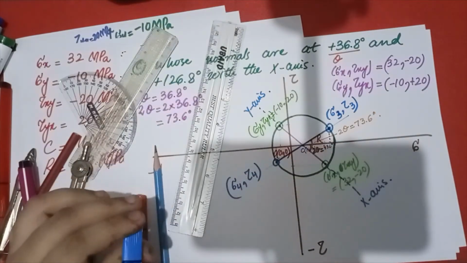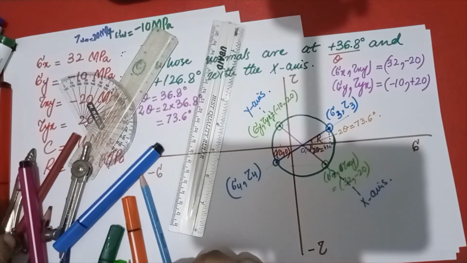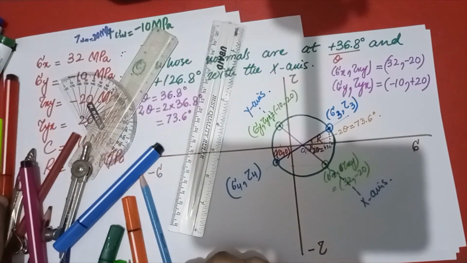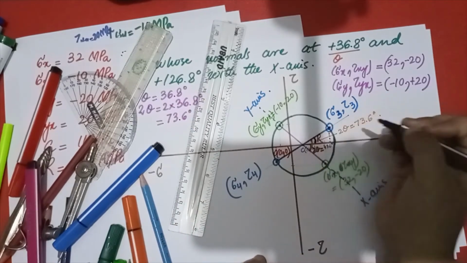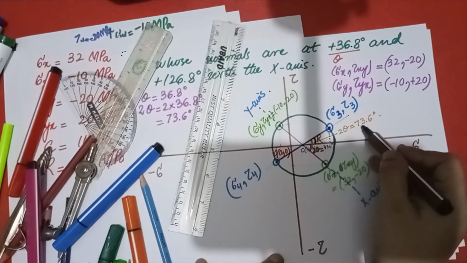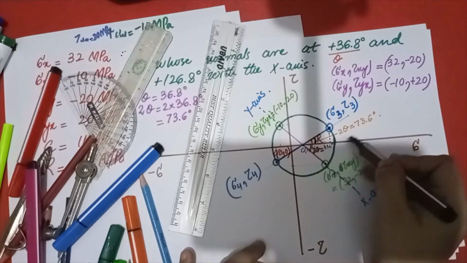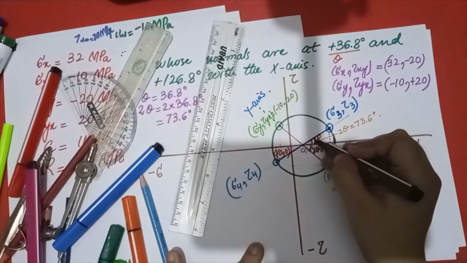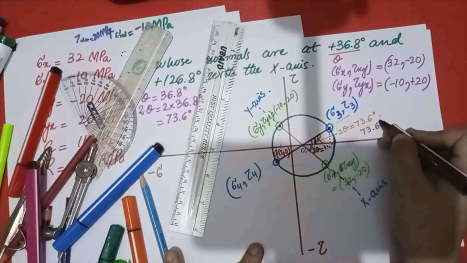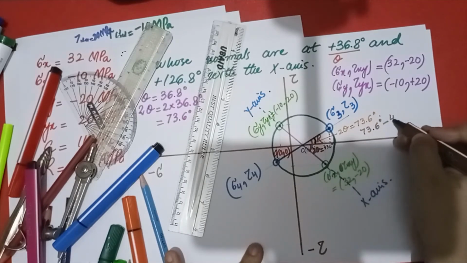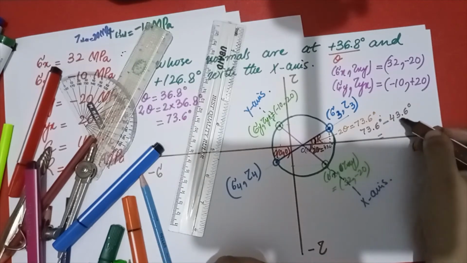And how can I find it out? Let me tell you one thing: your angle here, when you subtract 73.6 degree minus 43.6 degree, you will get this angle. So 73.6 degree minus 43.6 degree, and you are getting how much? 30 degree.